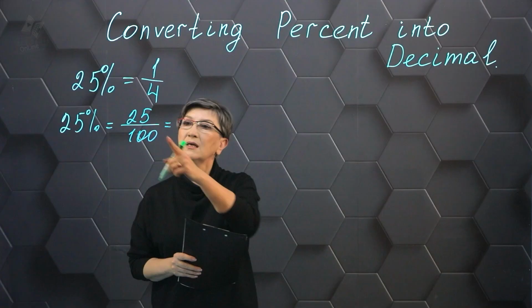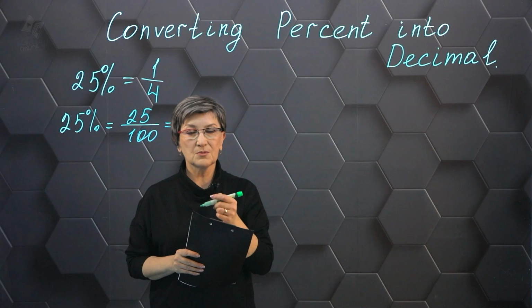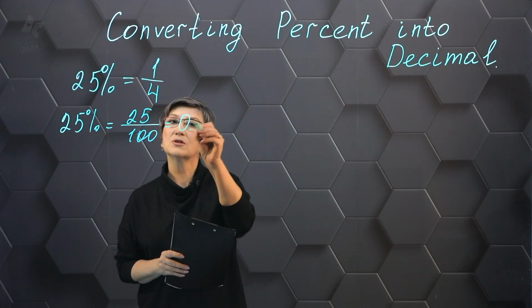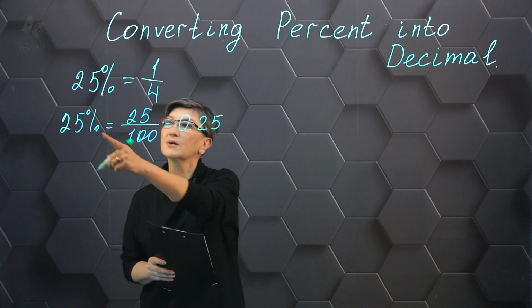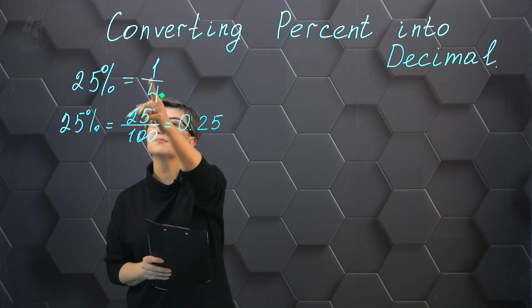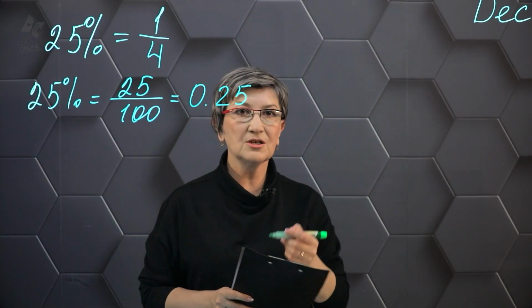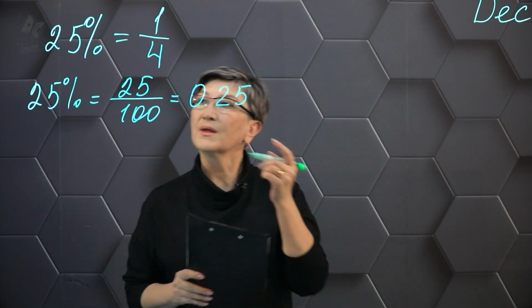And then if we have a denominator of 100, I can easily write our percentage as a decimal, and that's 0.25. This is how our percentages can be written as both an ordinary fraction and a decimal fraction. For this purpose, it is enough to divide by 100.